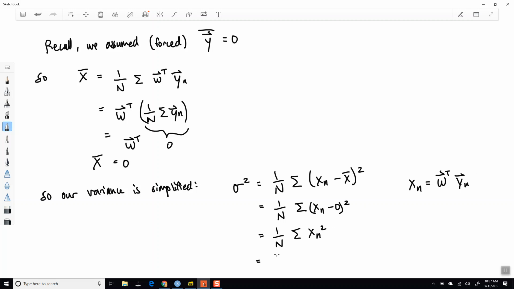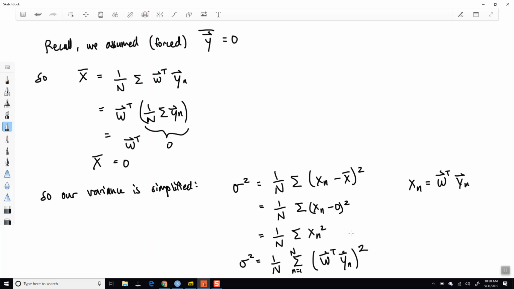So this is also equal to 1 over N times the sum of w transpose y_n, squared, from n equals 1 to N. Yes, squared. Thank you. All right, so far, so good?